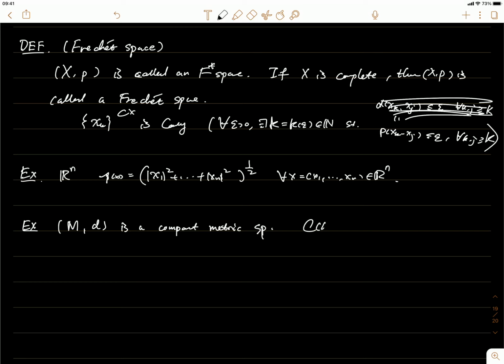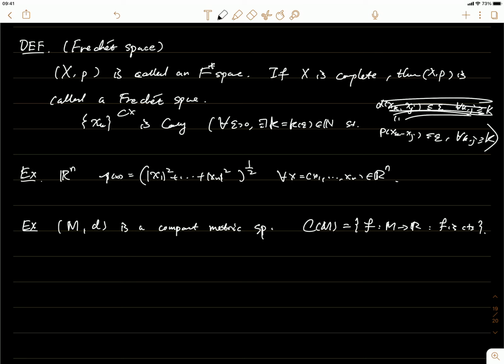And then we say C(M) is the set of continuous functions defined on M, right? It's a space of f, mapping from M to the real numbers, such that f is continuous.